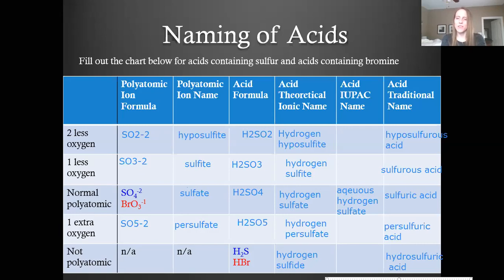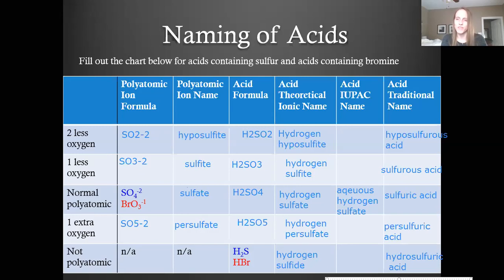And then if you have a polyatomic ion that has one of those extra prefixes in front, like hypo or per, those stay when we do the traditional naming. So hydrogen hyposulfite becomes hyposulfurous acid. Again, the ite ending in a theoretical name goes with an OUS ending in a traditional name.